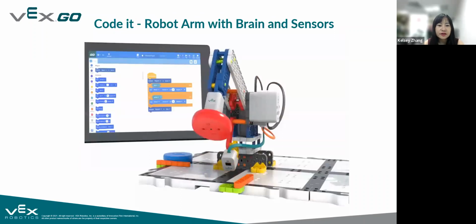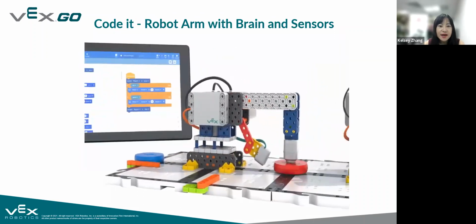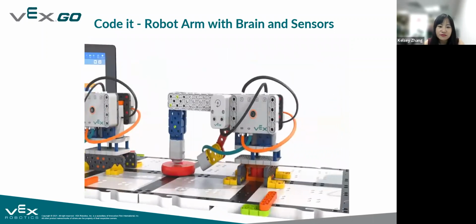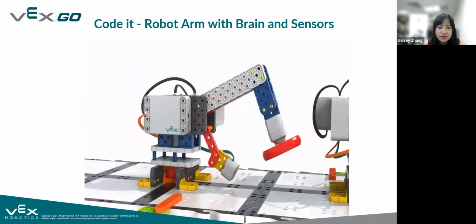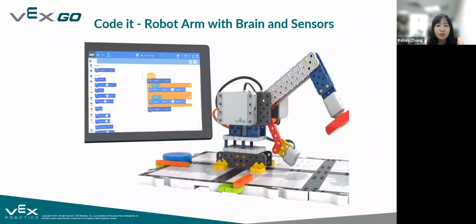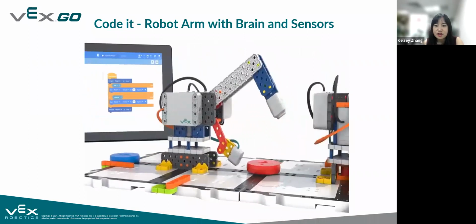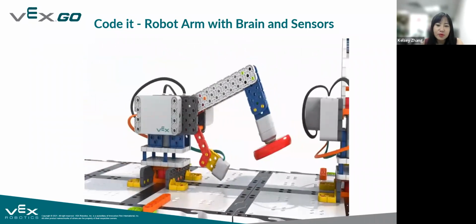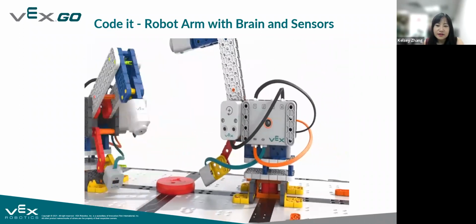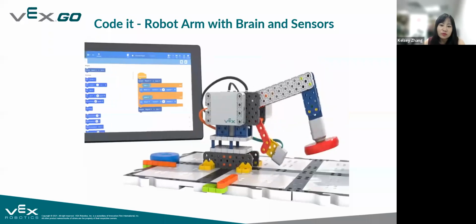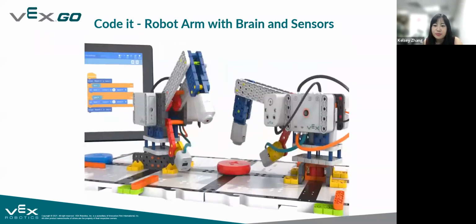And the third step I mentioned is code it. For this one, we add the robot brain and different kinds of sensors, the eye sensors and electromagnet here. We code this robot arm with the brain and the sensors I just mentioned using our VEX Code Go software. It's block-based coding software, and they can program their robot arm to do different kinds of behaviors.